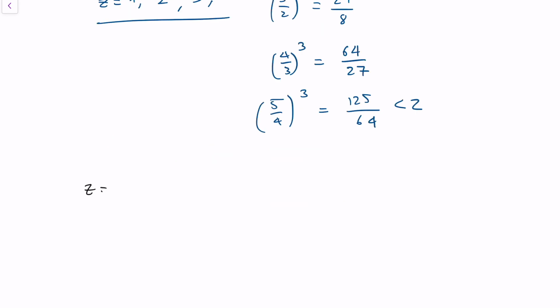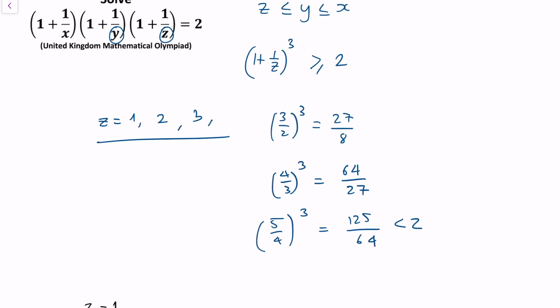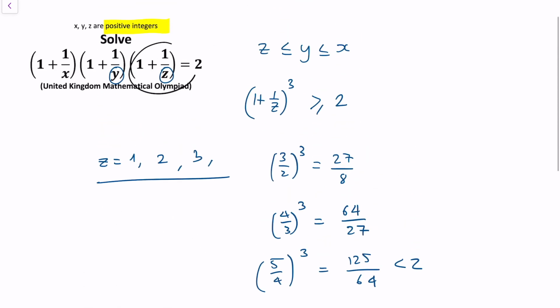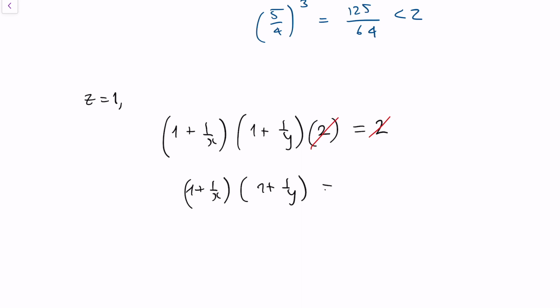If z is equal to 1, if we look at the original equation, what have we got there? We have 1 plus 1 over x times 1 plus 1 over y. Now, if z is 1, you have 1 plus 1 over 1, which is simply 2, is equal to 2. If we divide both sides by 2, we'll have 1 plus 1 over x times 1 plus 1 over y is equal to 1.